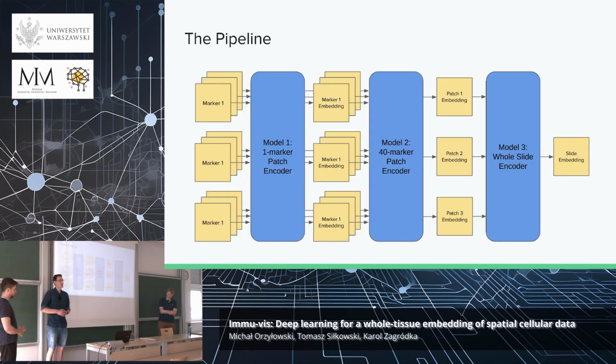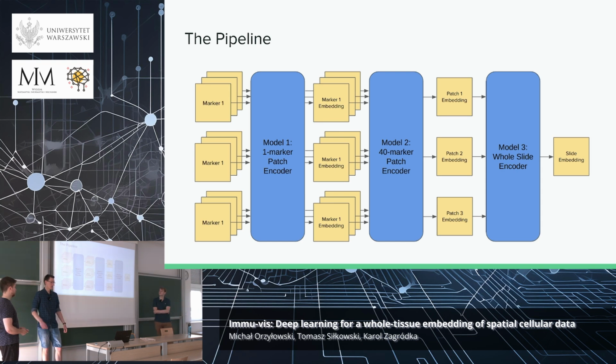But first, moving to the methods that we employed in our research and the results. Let's look at the high-level overview of the pipeline that we created for this data. This pipeline consists of three encoders that are encoding the tissue IMC scan on different levels of detail.